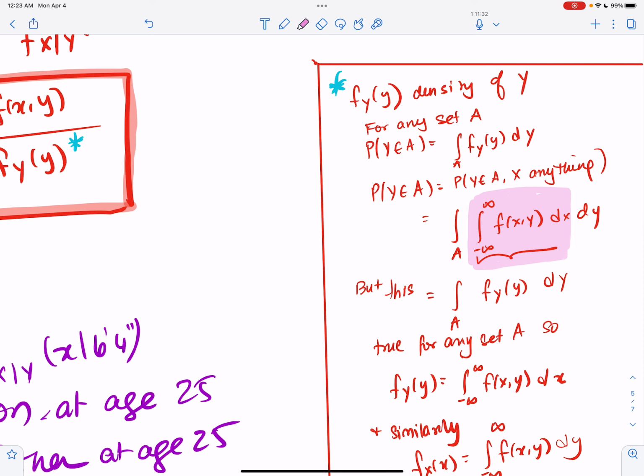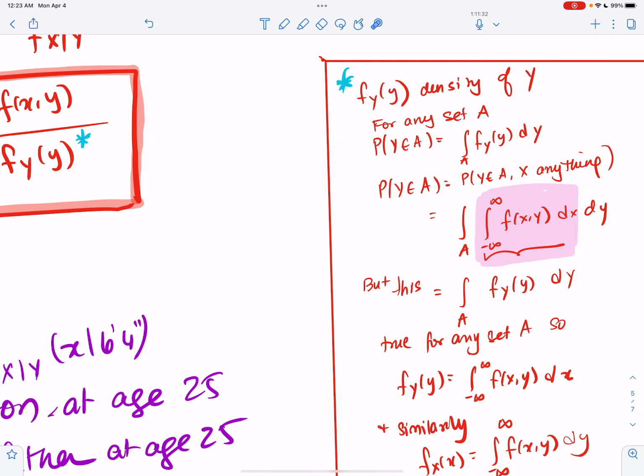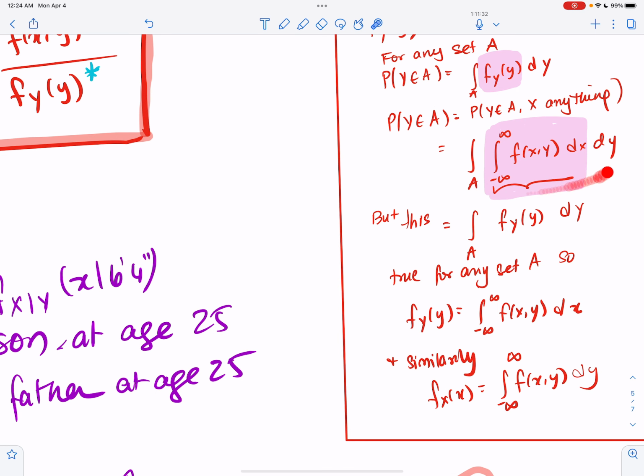If you integrate that function over any set A, you get the probability y is in A. But you also know that if you integrate the density over any set A, you get the probability y is in A. So this integral is the same as this, which is true for any set A.